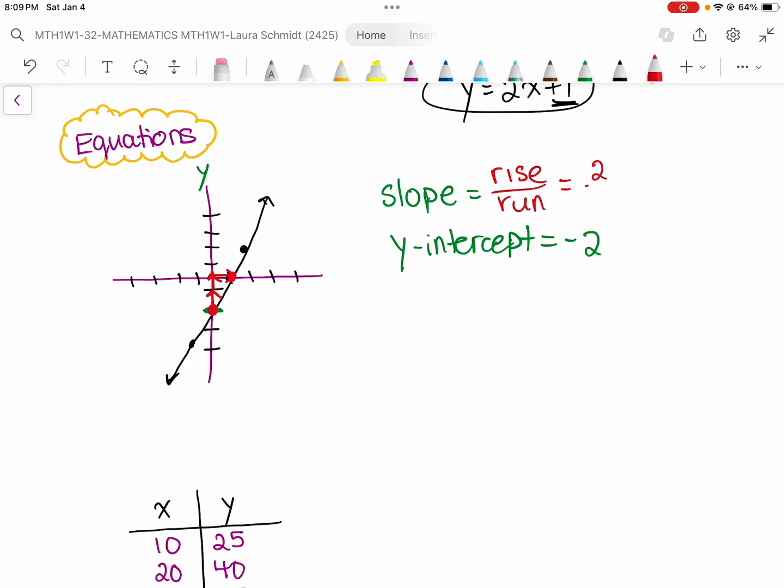So my slope is 2 over 1, or just 2. If I want to write the equation of this, I always write the equation in y equals mx plus b form, where m is our slope and b is our y-intercept. So I can say my equation is y equals 2x minus 2.